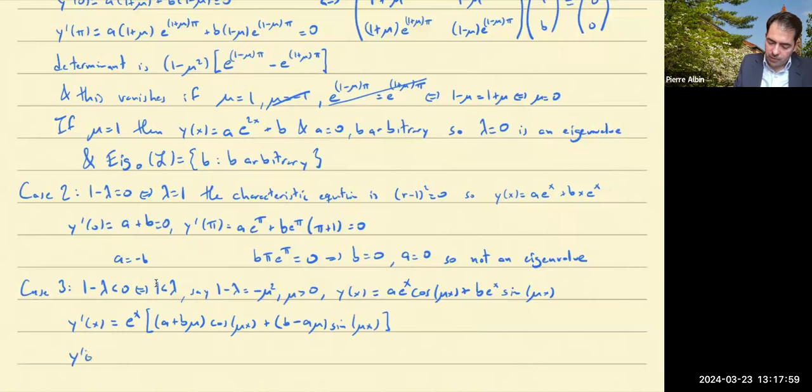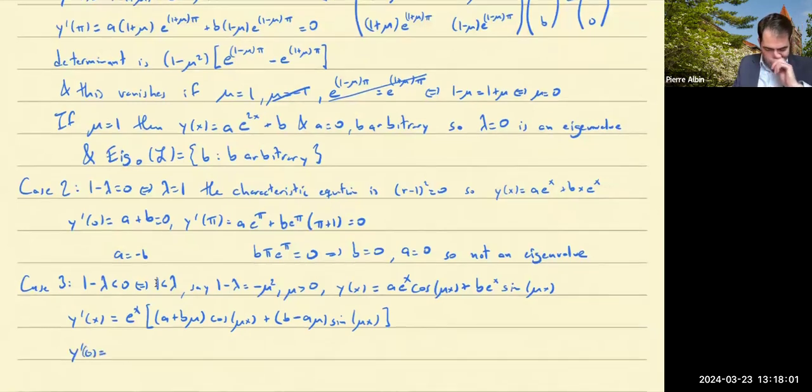So y prime of 0: at 0, cosine is 1 and sine is 0. So we would just end up with a plus b mu equal to 0.